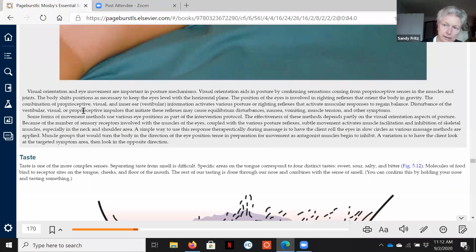Like if you've hit your head, your eyes have moved. And so there are actually some massage applications where you can use the eye movement to trigger a motor response that would help the muscle be a little less excitable. So kind of interesting there.